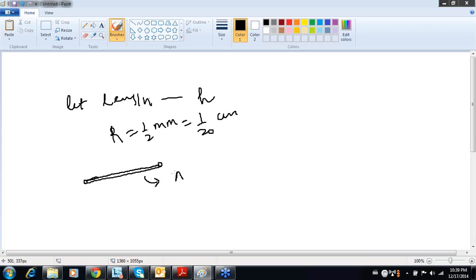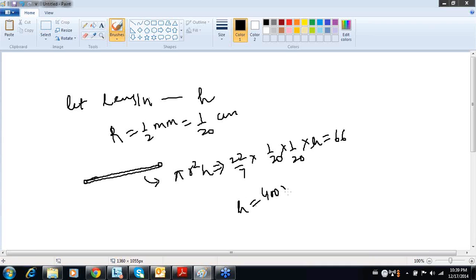So the volume of cylinder will be what? Pi r square h, which implies 22 by 7 into 1 by 20 into 1 by 20 into h, which is equal to 66. So h is equal to what? 400 into 66 into 7 divided by 22.